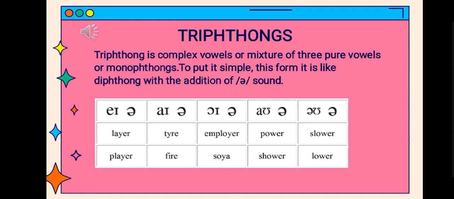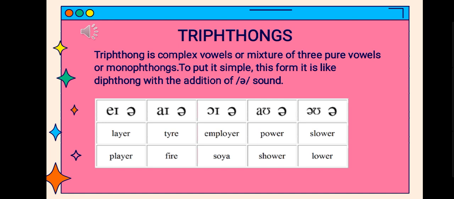To put it simply, this form is like a diphthong with the addition of a sound. The first is aya, and the second is aya. The third is oya. The fourth is awa, and the fifth is our.